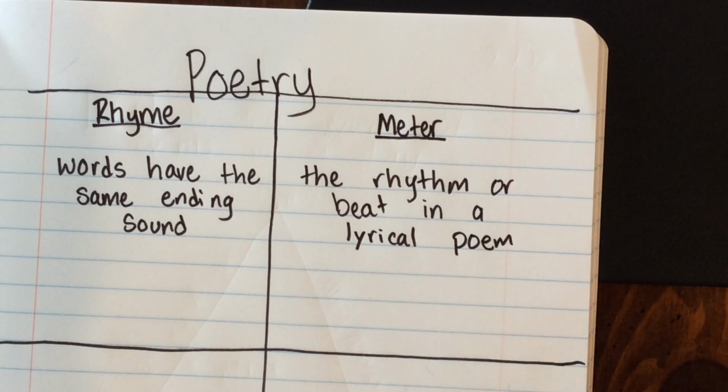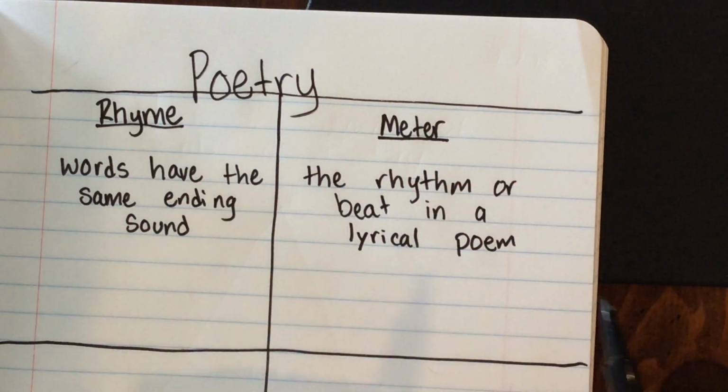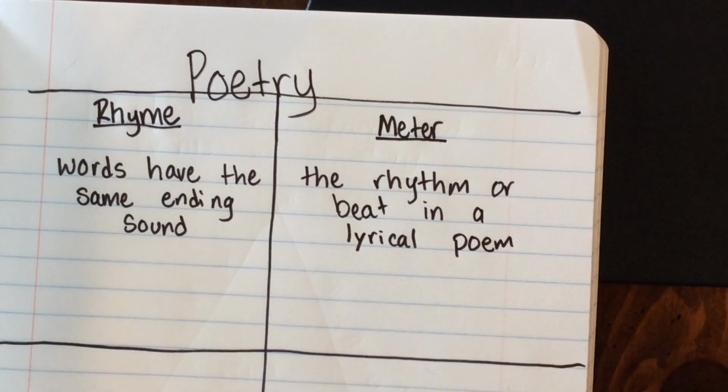All right, so whenever you're reading a poem and it feels like there's an up, down, or stressed sound or unstressed sound, and you can kind of clap your hands along with it, then that is an example of meter.